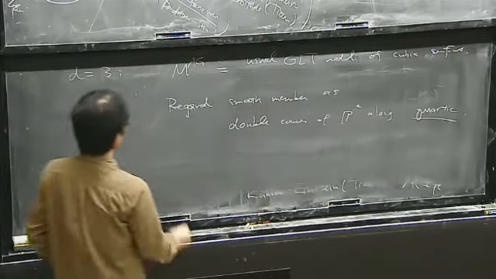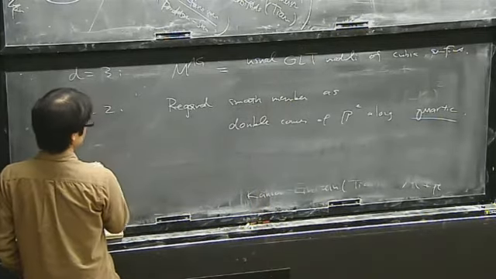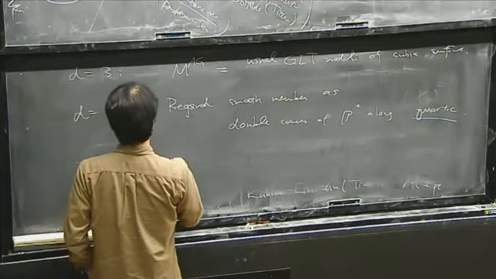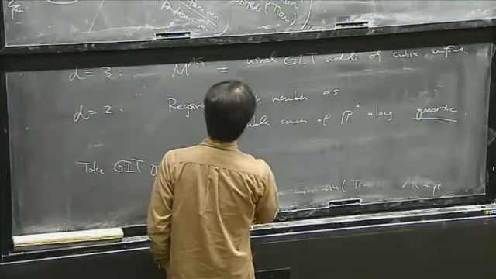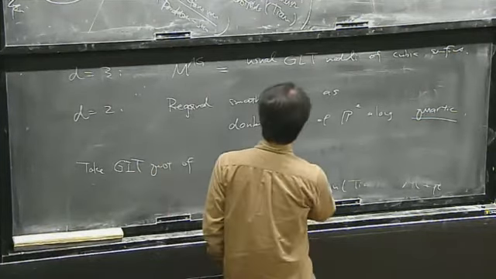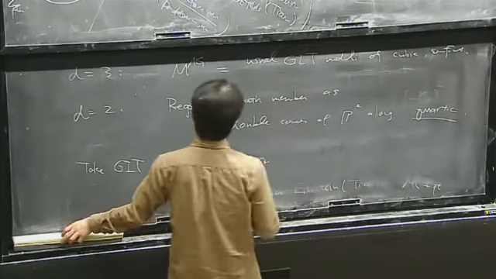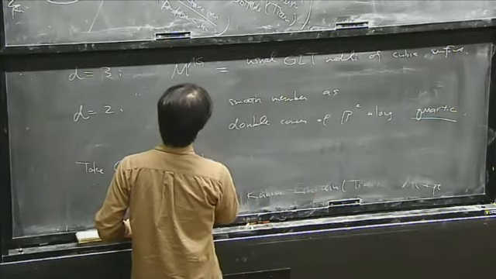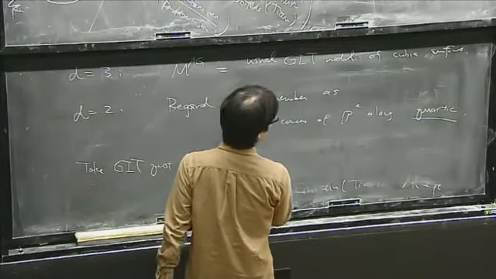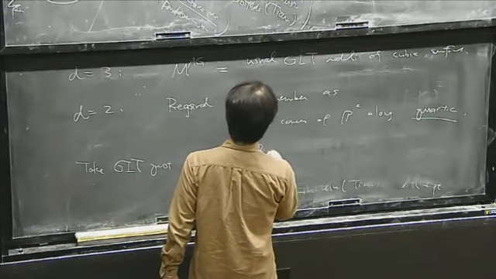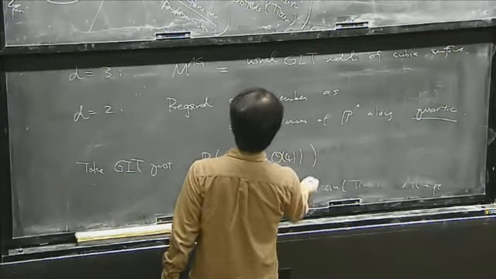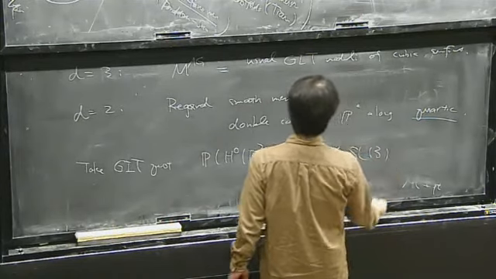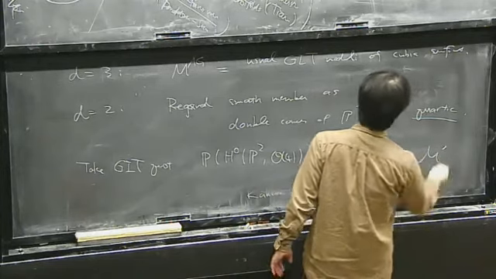So we can consider a GIT quotient: take the GIT quotient of PH0(P2, O(4)) divided by SL3, and let me write this as M prime.